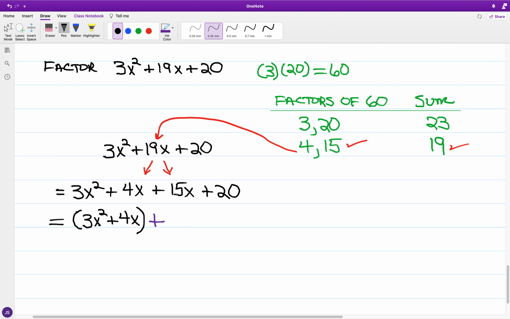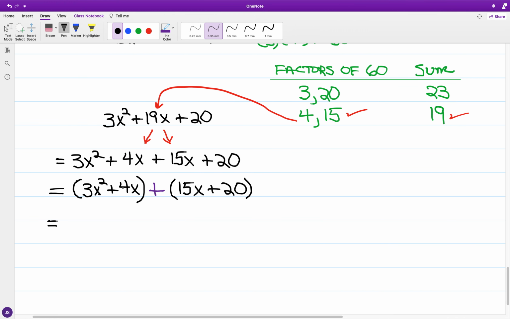And I'm going to group together the last two terms, which will be 15x plus 20. So grouping the first two items apart from the last two items into pairs.